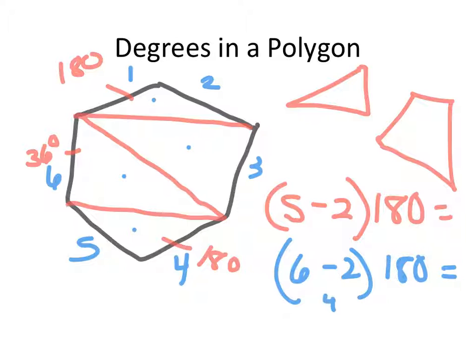So why does this work? It's just a mathematical law of nature that if you make interior triangles in a polygon, you are always going to have 2 fewer triangles than there are sides. That's just the way math works in the world, and somebody has figured that out and created this formula.